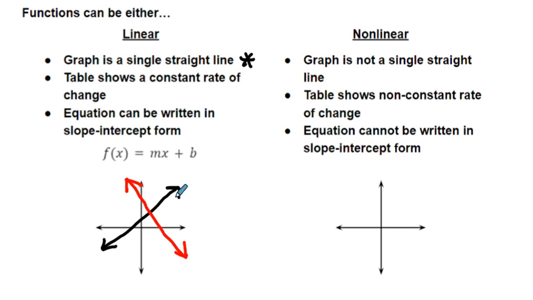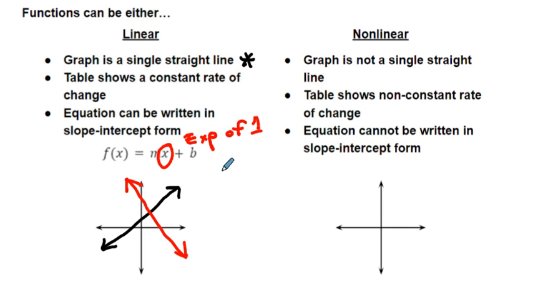We just have two different examples. This one has a positive slope, this one has a negative slope, but they're both linear. And then the table would show a constant rate of change, which we discussed, and an equation can be written in slope-intercept form. So you'll notice always in this form that x always has an exponent of 1.